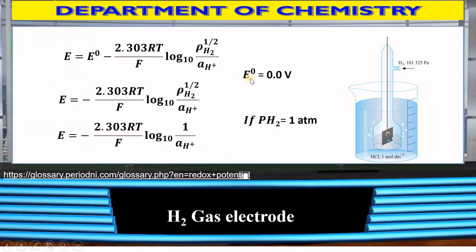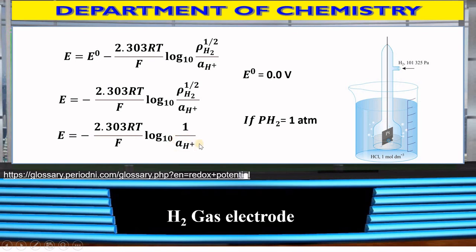At standard conditions, the standard electrode potential is 0 volt, meaning E° of hydrogen gas is 0. Therefore, the electrode potential for hydrogen gas becomes E = 0 - (2.303 RT/F) log10 (pressure of hydrogen gas / activity of H+ ion), and therefore E = -(2.303 RT/F) log10 (1/activity of H+ ion), because if the pressure of hydrogen gas is 1 atmosphere, the expression becomes 1 upon activity of H+ ion.